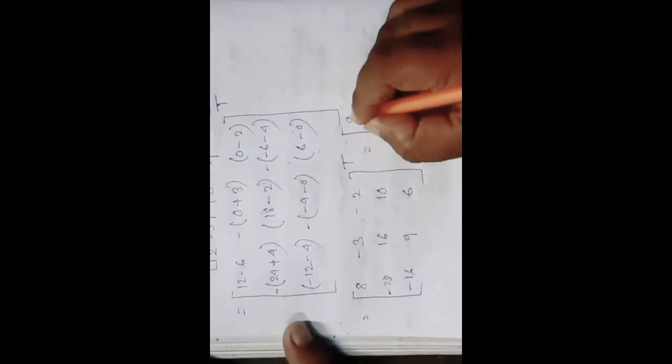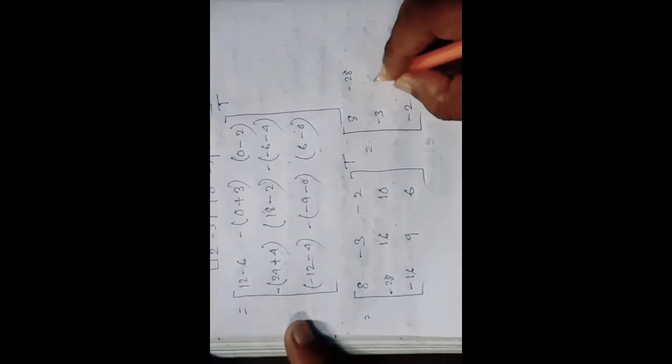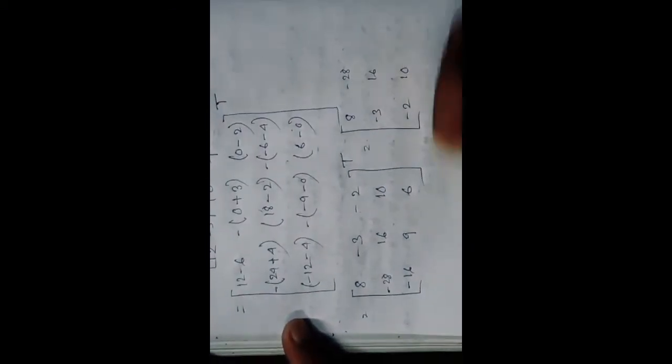So that can be written as 8 minus 3 minus 2; minus 28 16 10; minus 16 9 6. This is the adjoint of A. Next we have to take the determinant of A.